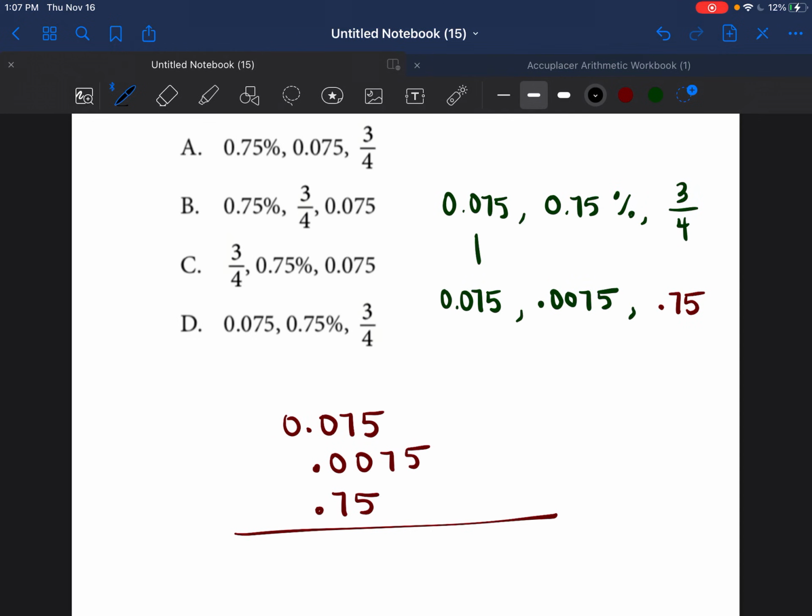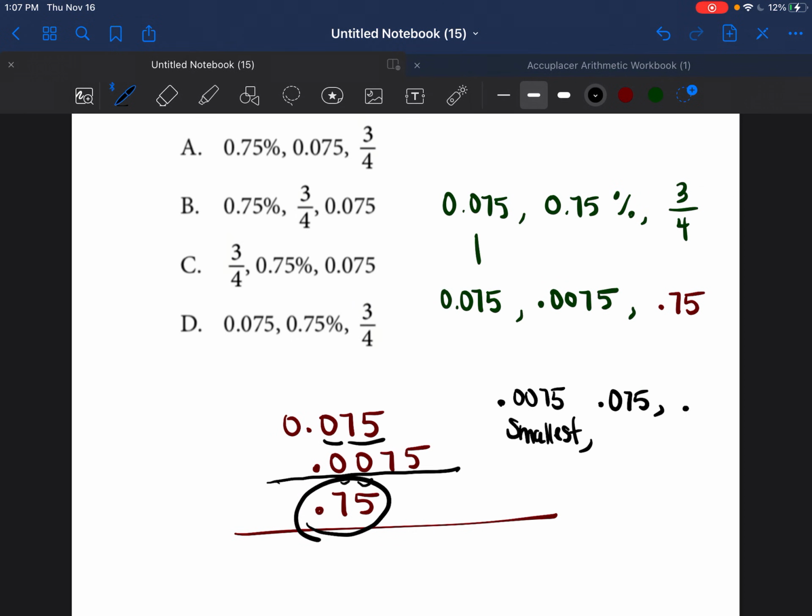If we look at it, because this one right here has a 0, 0, it is going to be the smallest value. So 0.0075 is going to be the smallest. Okay? Then the next one, because this one has a 0 here, that'll be the next smallest. Okay? And then that means 0.75 would be the last.